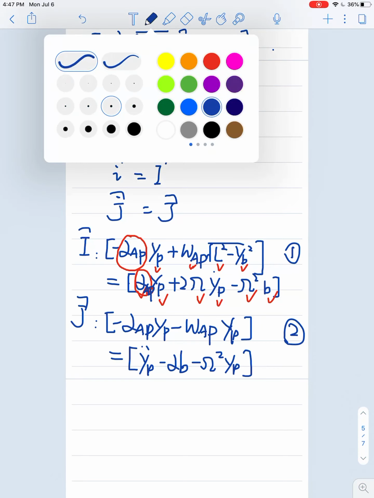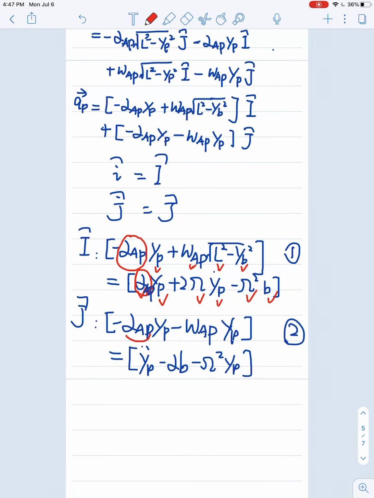And in equation 2, this is our unknown, alpha AP. We know YP, we know omega AP. This is unknown, YP double dot. We're not looking for YP double dot in this problem, but if this were an exam, I could ask for YP double dot, and now you know how to solve that. And with the rest of the givens, I believe you can apply the first equation here to solve for alpha AP.